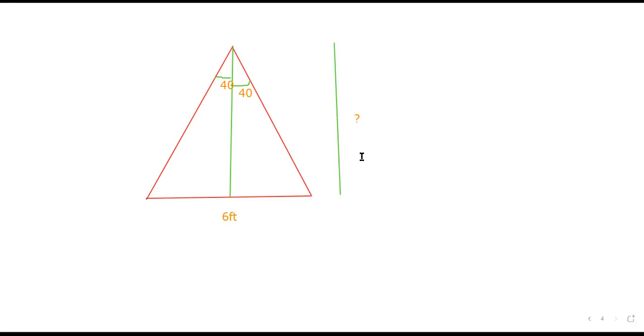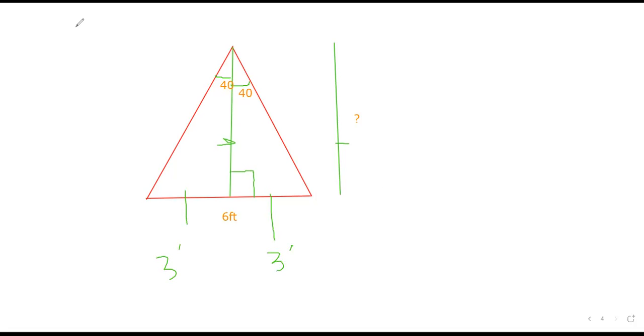So what we have to do is this height, let me draw this one. This is 3 feet. This is also 3 feet. So we are looking for this height because this and this are equal. Now we have a triangle and this is a 90 degree angle.